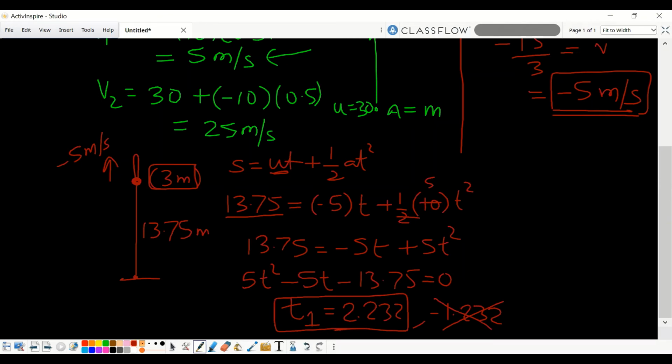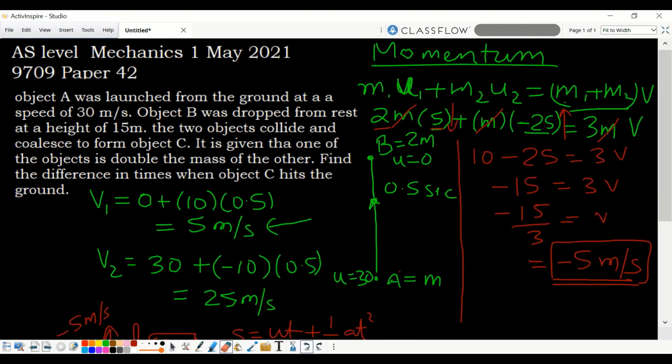So same activity we'll do now when the lower object A is heavier. So what changes will come? This 2m will become m, this m will become 2m. So let me change that. So this will become m, this will become 2m. Okay, and let's read the calculations.